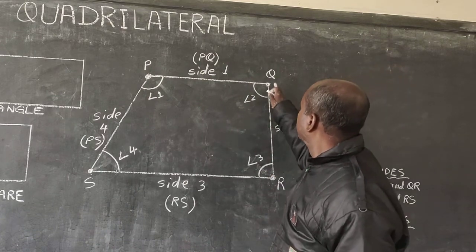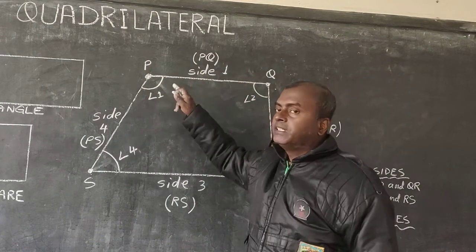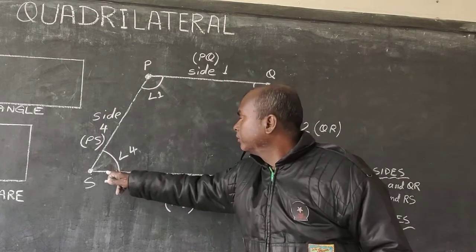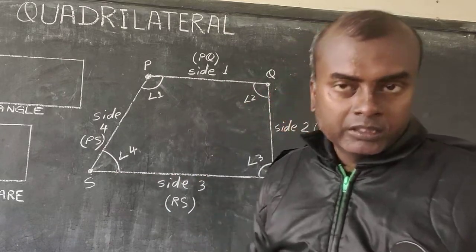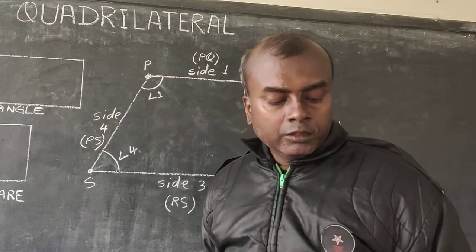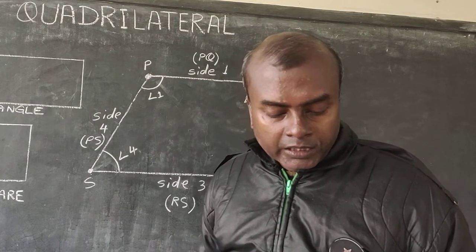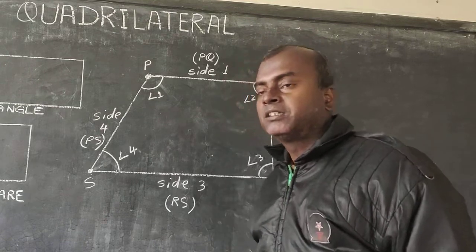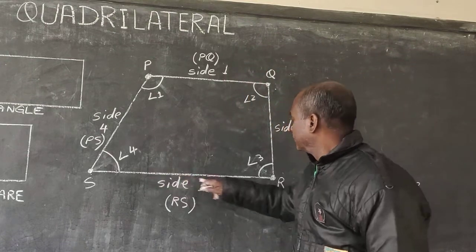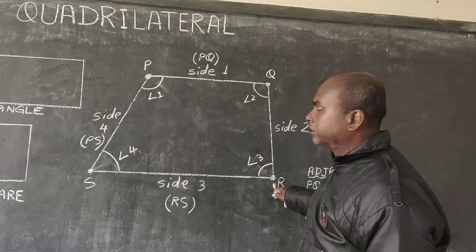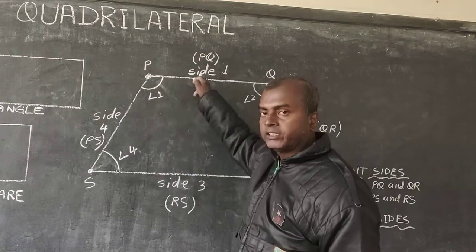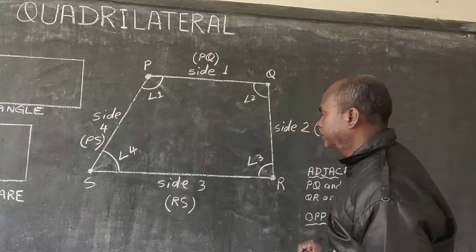Because their endpoints are not in one line. Let us read in your book what it says about opposite sides. Two sides of a quadrilateral are opposite sides if they are not adjacent sides. Okay, we know this side and this side are adjacent, but this side and this side are not adjacent, no? So they are called opposite sides.